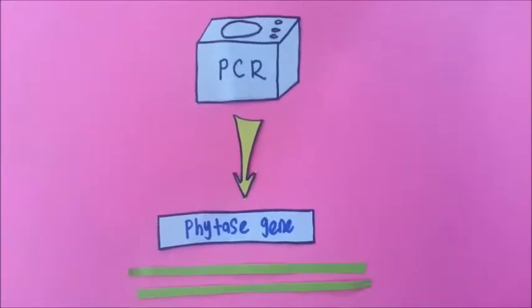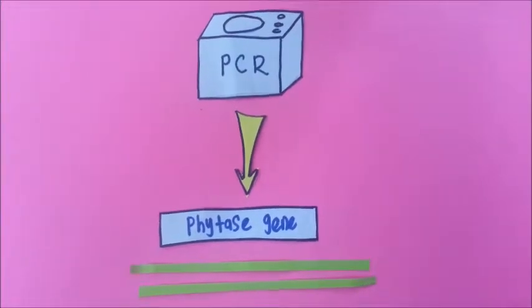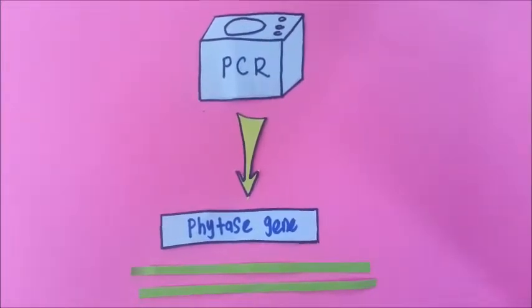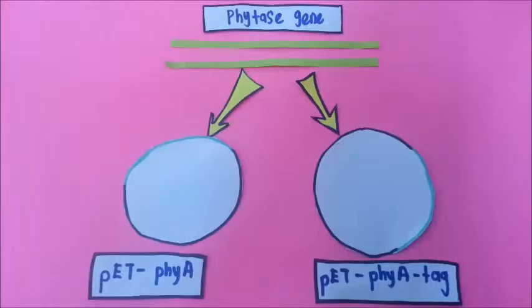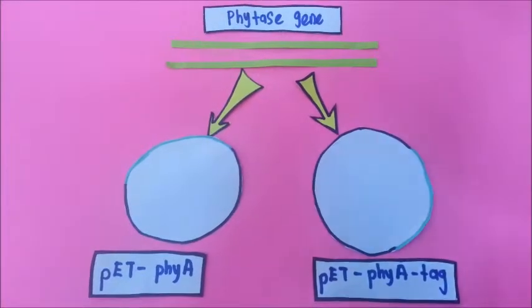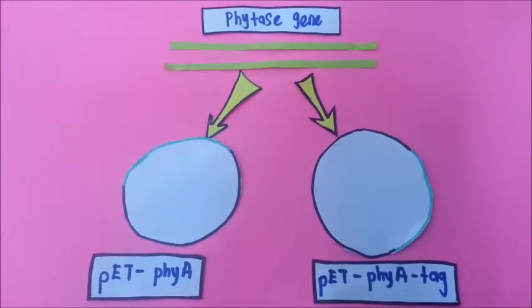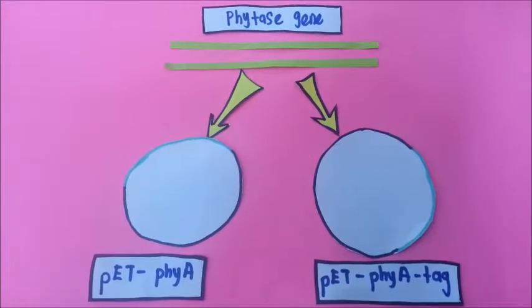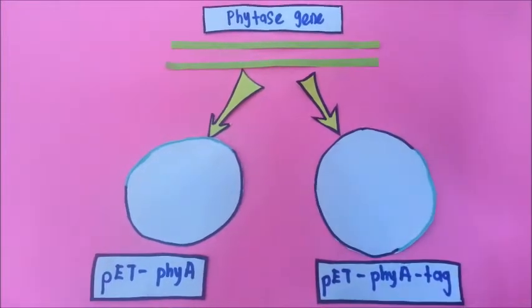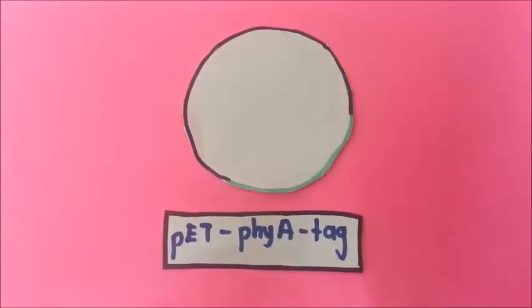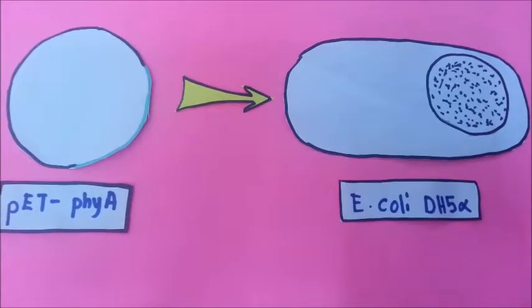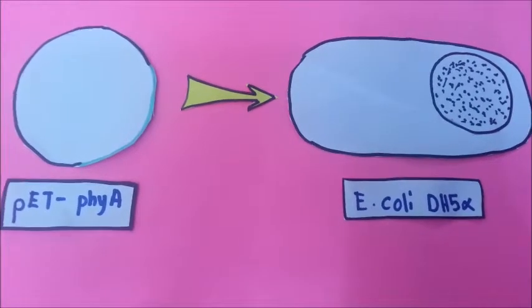The mature phytase gene was obtained by PCR amplification using forward primer PET MPF and reverse primer PET MPR. Then the mature phytase gene was ligated into plasmid PET20B to generate PET PHYA and PET PHY tag. The tag used is a carboxyl terminal histidine tag. Recombinant plasmid PET PHYA was transformed into E. coli DH5 alpha.